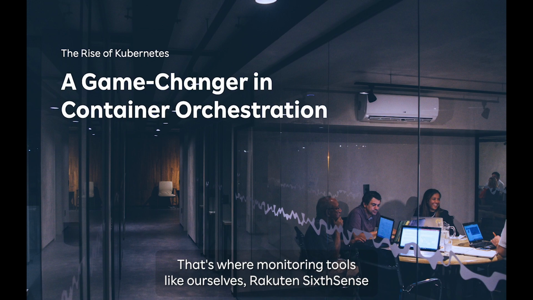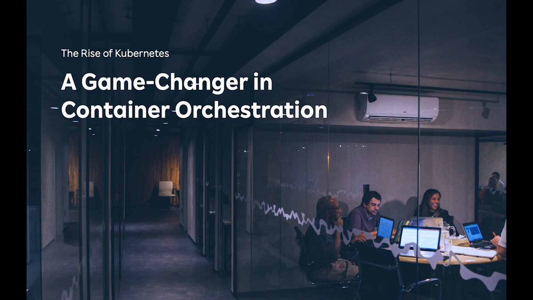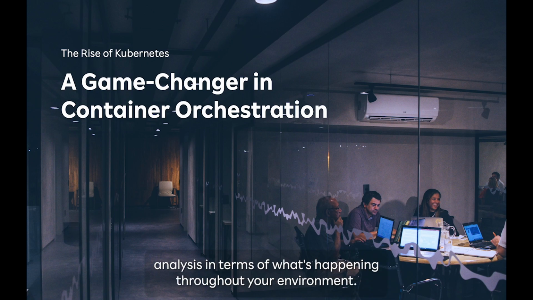That's where monitoring tools like ourselves, Rakuten SixthSense, come into the picture. What we do over here is look at a few key metrics and give you analysis in terms of what's happening throughout your environment.